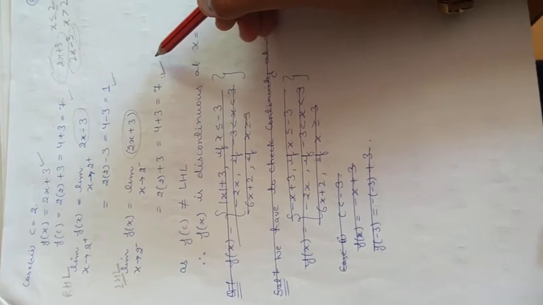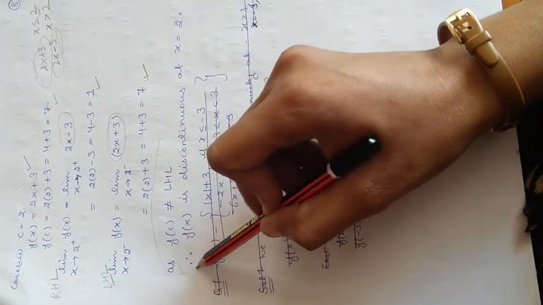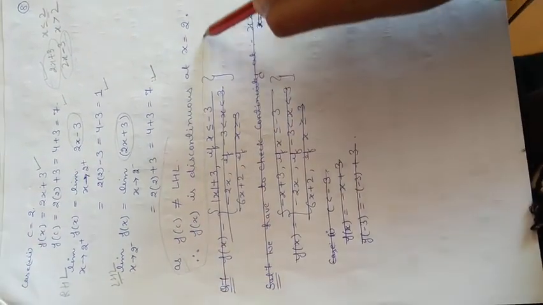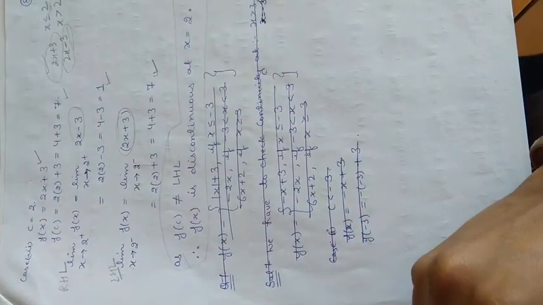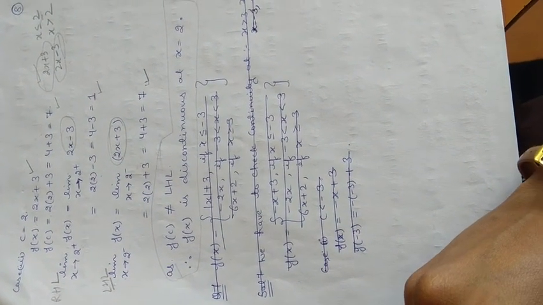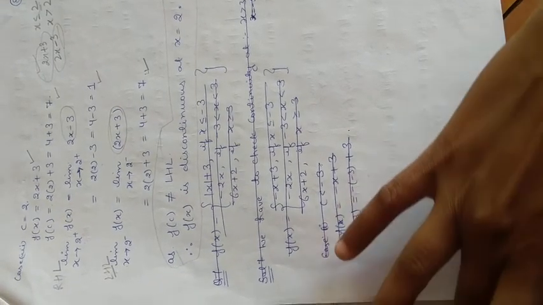And in this, as you are seeing, your f(c) value is not equal to the limit, so I will conclude that this is not continuous. It means this is discontinuous at x is equal to 2. So what is the result?